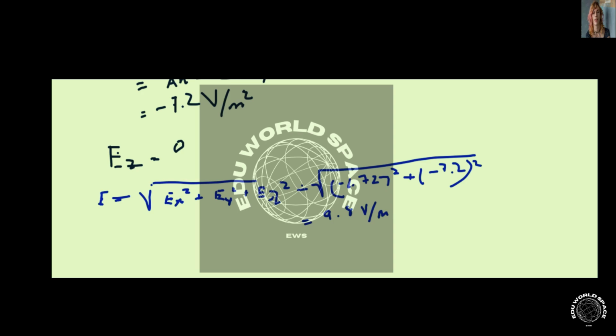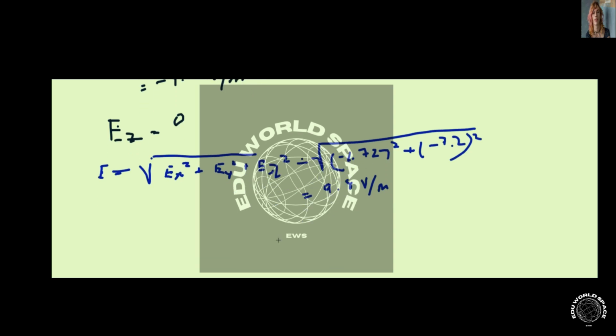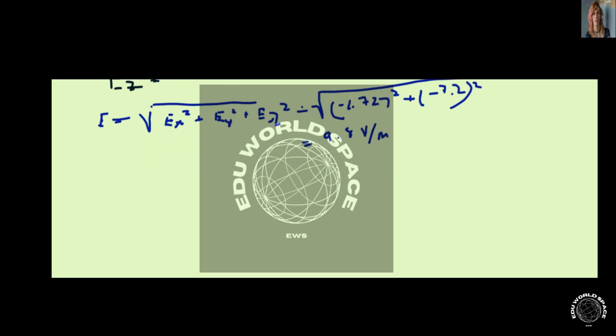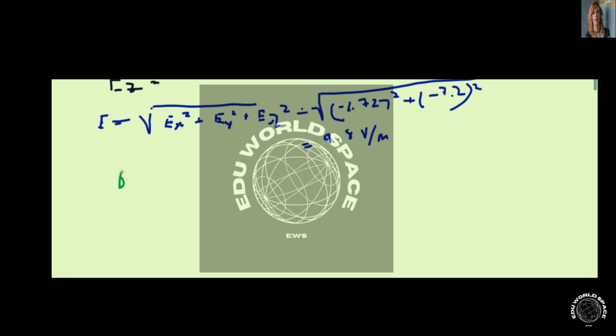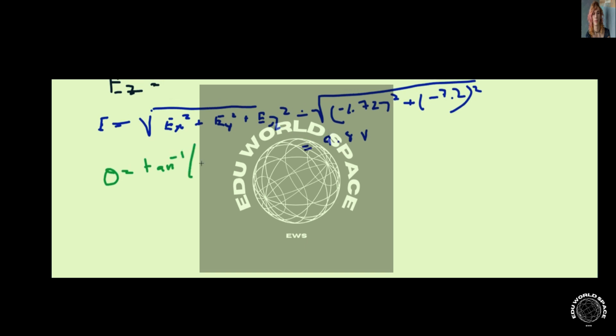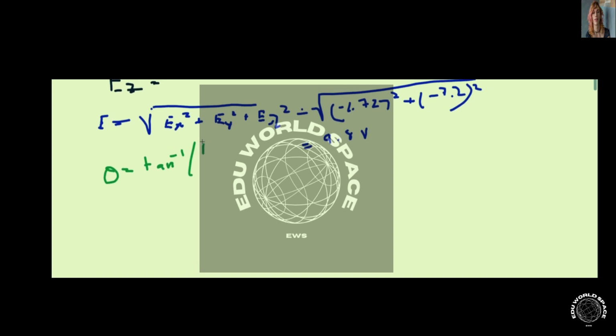Now to find the direction of the electric field, we can use the following formula. Let me get that in green. The angle theta is equal to tan inverse of EY over EX.